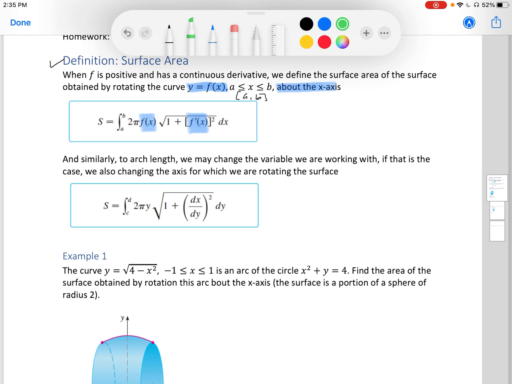So to find the surface area, when we have a function in terms of y, such as x equals f of y, and we have some bound for c less than or equal to y less than or equal to d, our surface area is the integral from d to c of 2 pi y times the square root of 1 plus the derivative in terms of y squared dy.